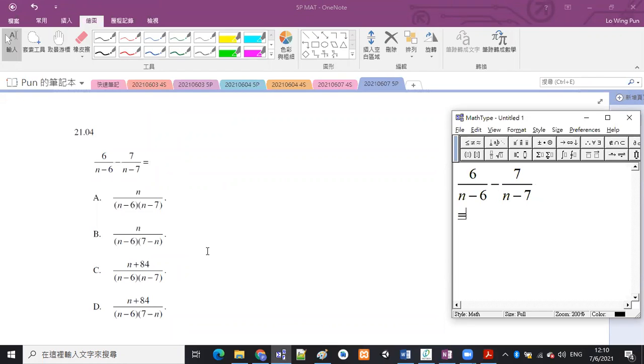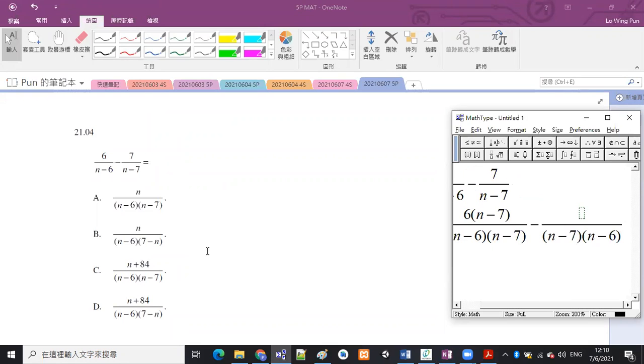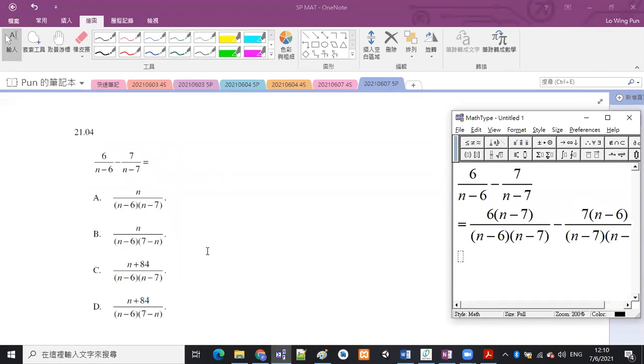So we just enlarge the fractions as usual. So we have n minus 6, and we do not have n minus 7. So multiply n minus 7 to both the top and the bottom. For the first fraction, and for the second fraction, we have n minus 7, but we do not have n minus 6. So multiply the n minus 6 to both the top and to the bottom.